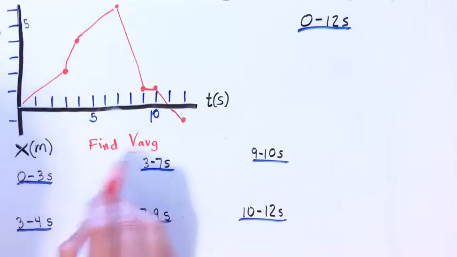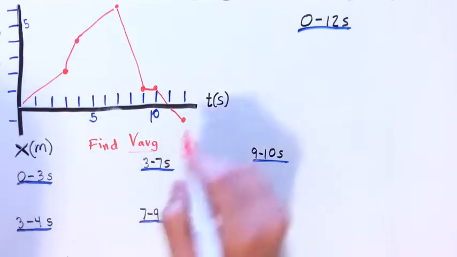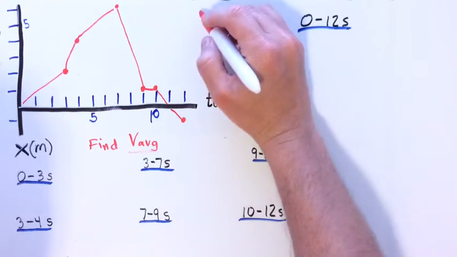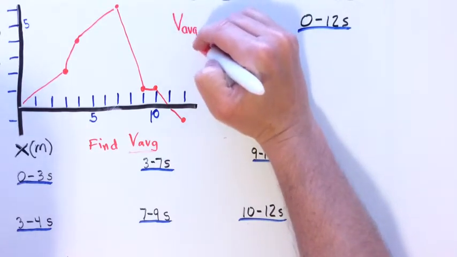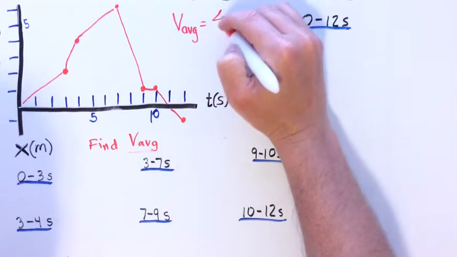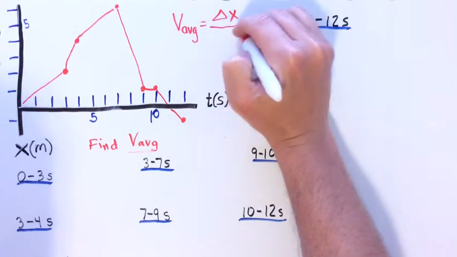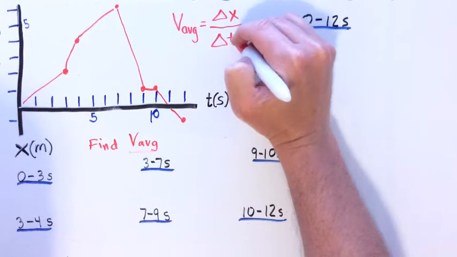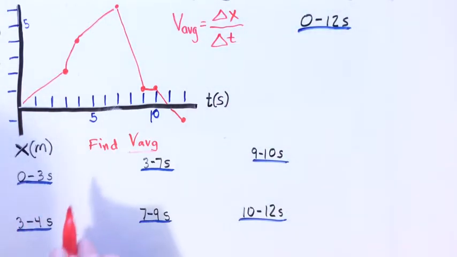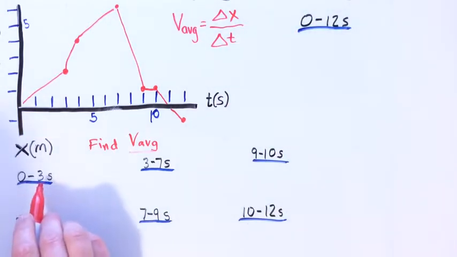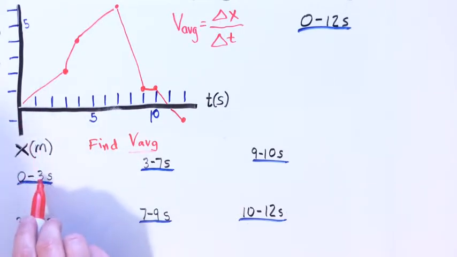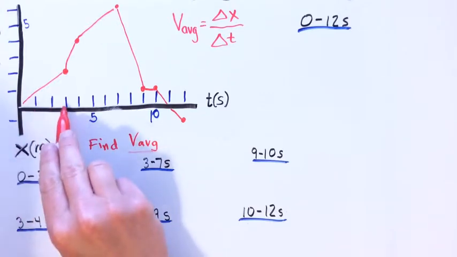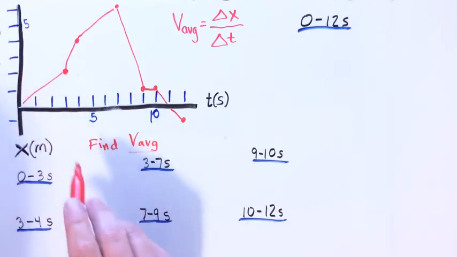In order to find the average velocity, we want to use this formula right here, which is V average is equal to the change in x over the change in time. So let's do that right here. The x value here, the displacement, at time 3 seconds, 1, 2, 3, is 2 meters.